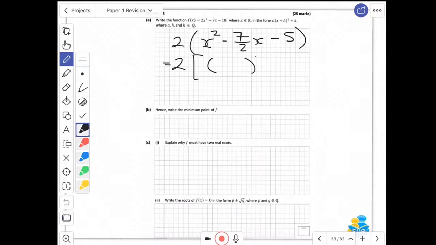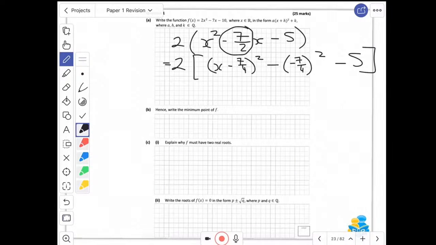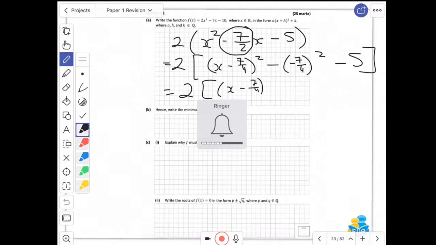So do you remember we set it up like this? So we take the x and then we take whatever the constant is in front of x and we divide it by 2. So that's going to become minus 7 over 4. And then we take that and we put it straight in here. Okay, and that's how you're going to go and complete the square. So that's going to end up giving you an answer of x minus 7 over 4.